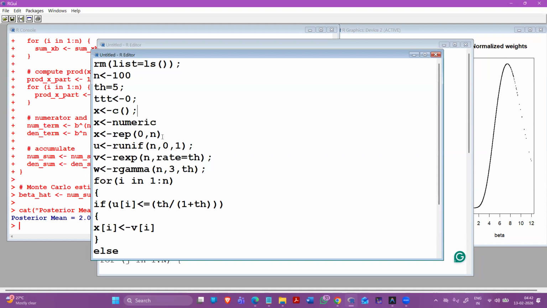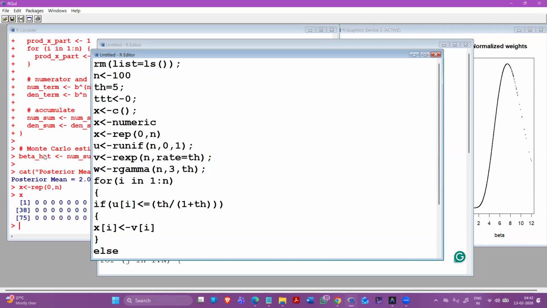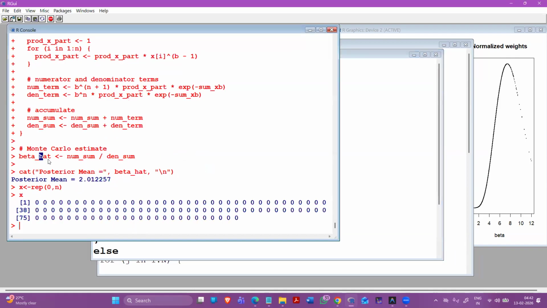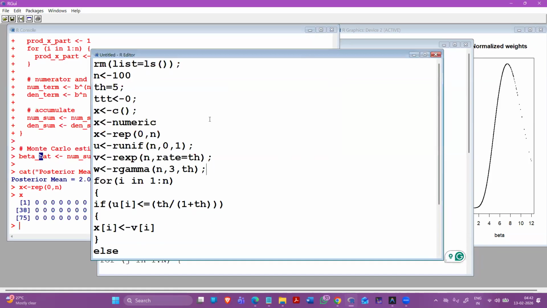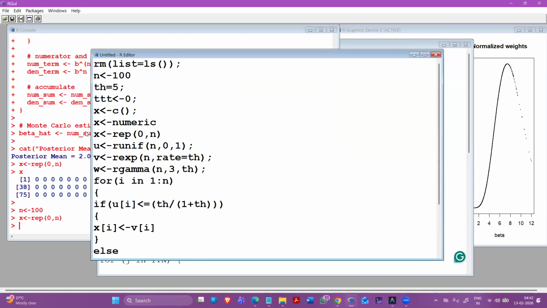After that, what will happen if you just run it? Sorry, I took a different one earlier. So n is 100, so now it will change.